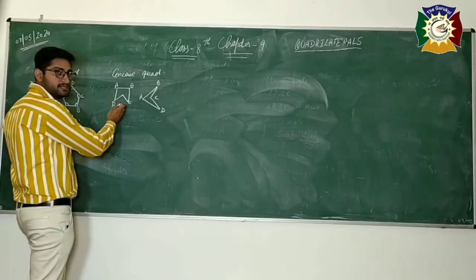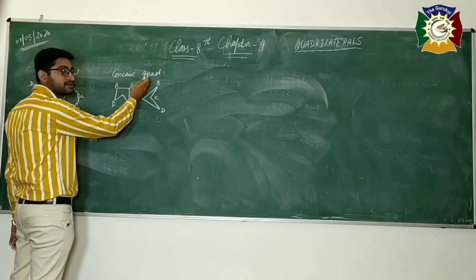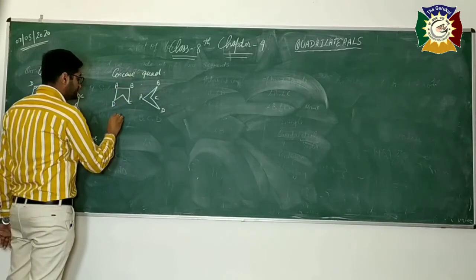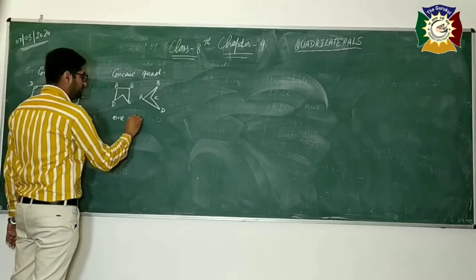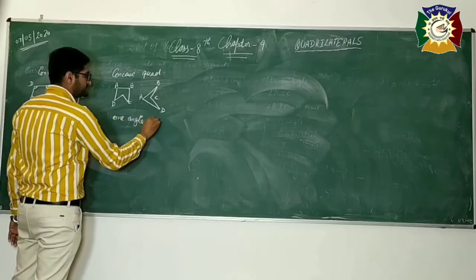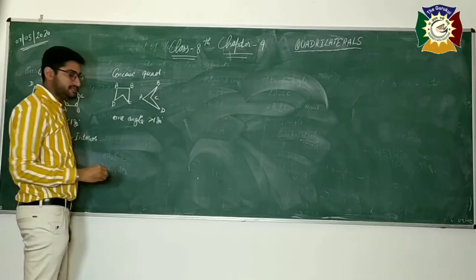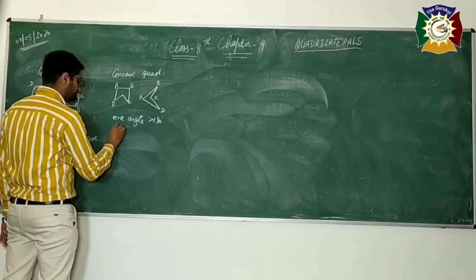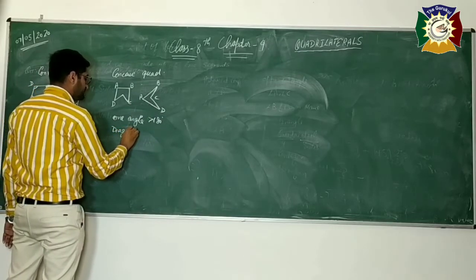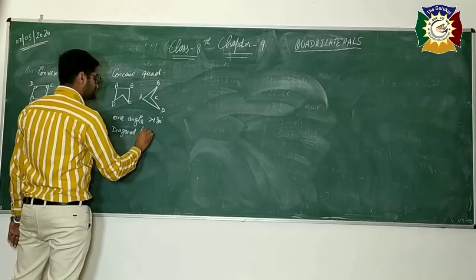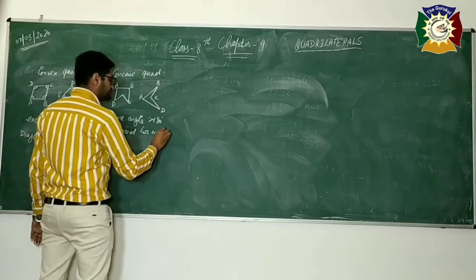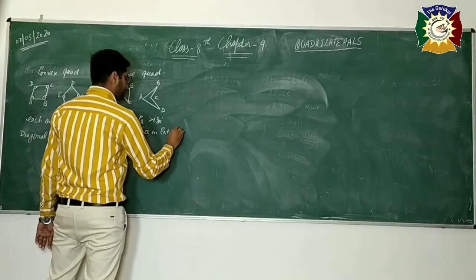Now, in this figure, where we are seeing that these are the concave quadrilaterals, the condition is one angle greater than 180 and diagonal lies in the exterior.